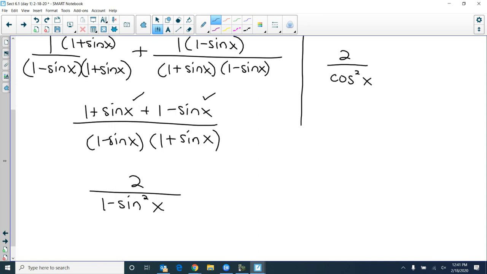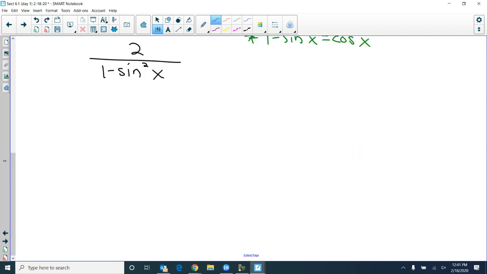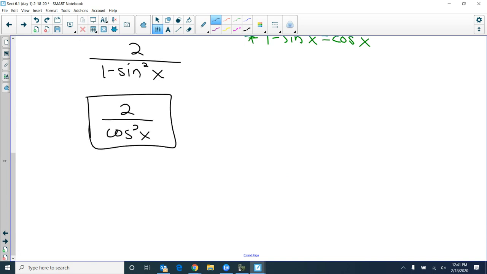Okay, if you have a 1 and you have something squared, look for one of your identities. What is 1 minus sine squared of x equal to? Cosine squared. So 1 minus sine squared of x equals cosine squared of x, which gives me 2 over cosine squared x. And that's what we want, right? Done. It's an identity. So technically, what's the answer to this? All real numbers. Anything will work.